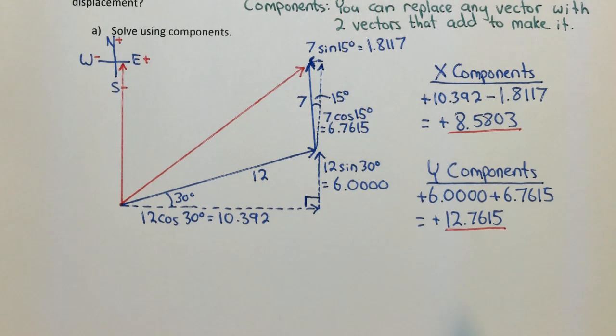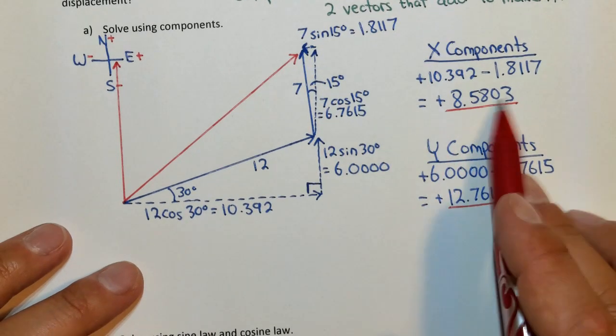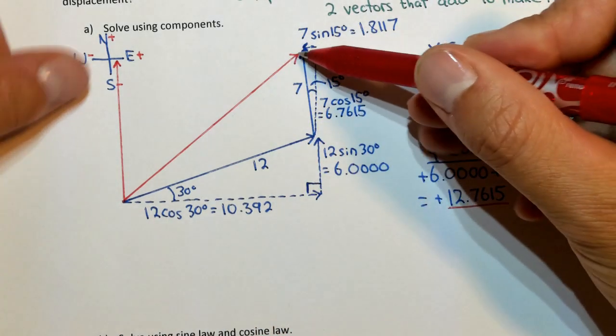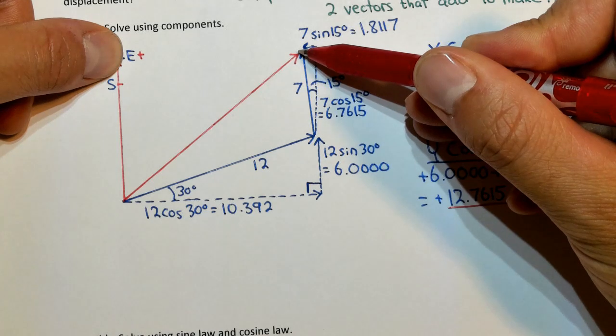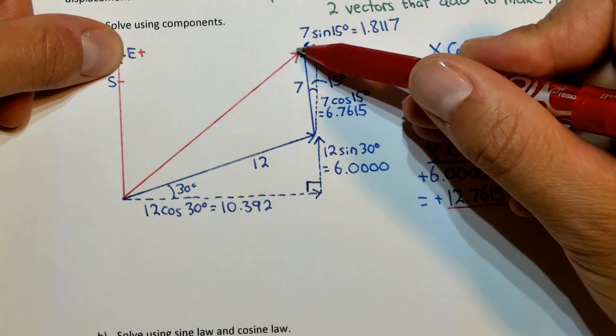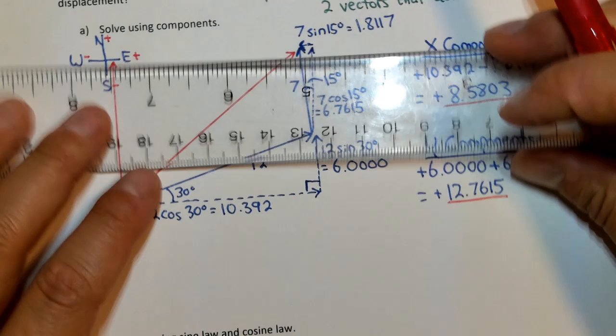And similarly, this resultant of my x components, this guy minus this little bit, just gives me what's left over here, which is the x component of my resultant.